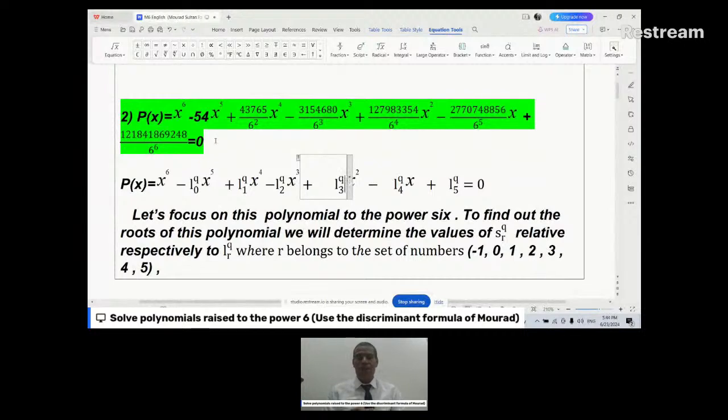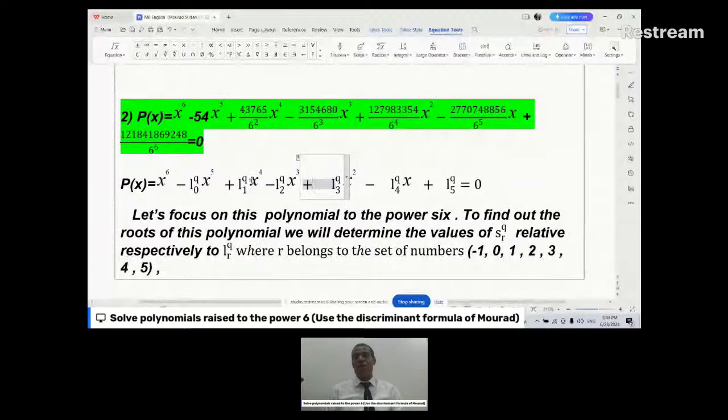Now learners, at the same time that your mathematics teacher is showing you the method of how to solve this kind of question, it's not easy in fact. But according to the method of Mr. Mourad Sultan Ezouidi, you can solve any polynomial raised to the power 6.